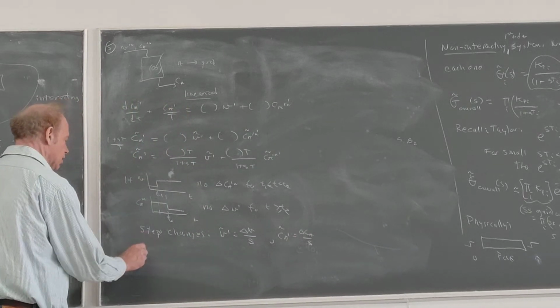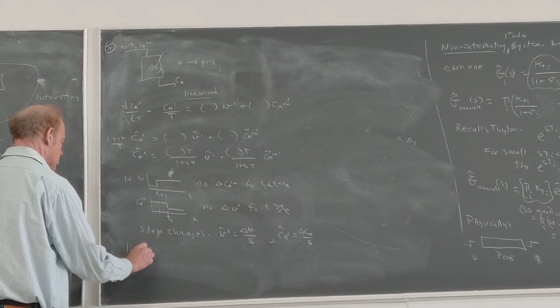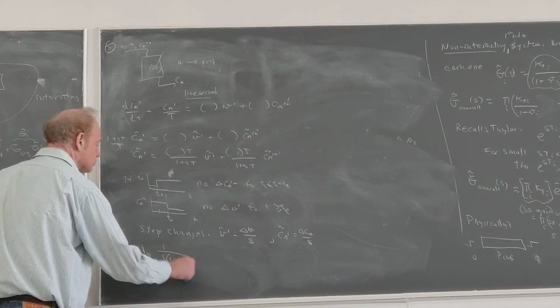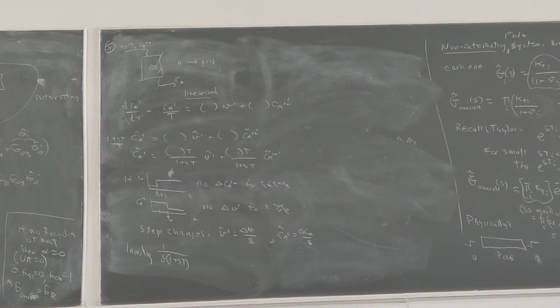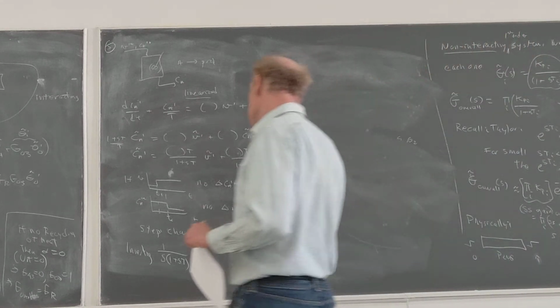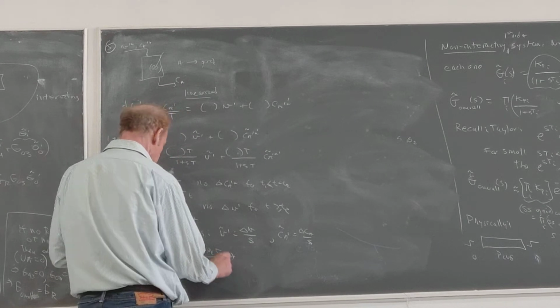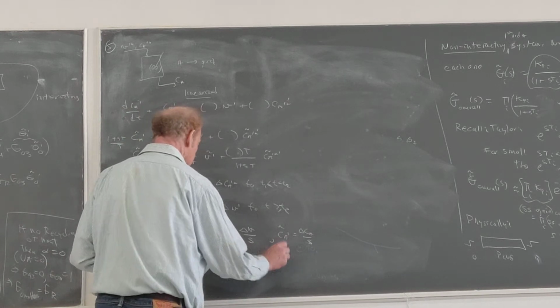And then I'm inverting 1 over s times (1 plus s tau), which, if you look at your table, is line 5 for a equals 0, and that just gives me 1 minus e to the minus t over tau.